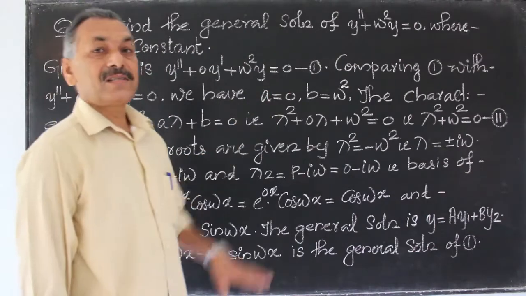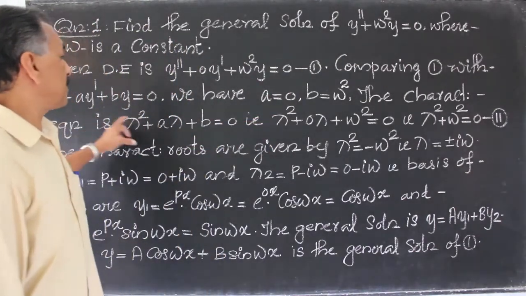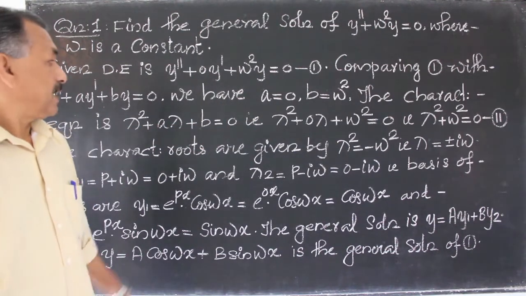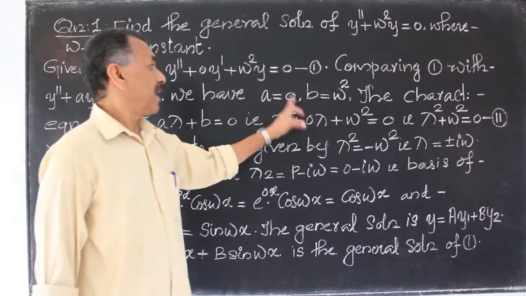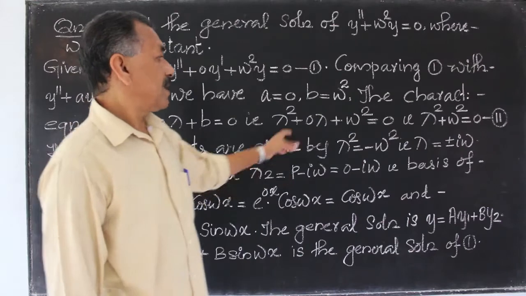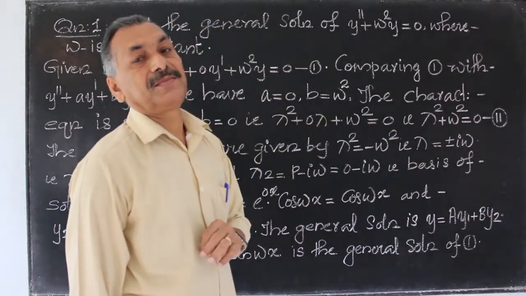Then what is the characteristic equation? The characteristic equation is λ² + aλ + b = 0, that is λ² + ω² = 0.